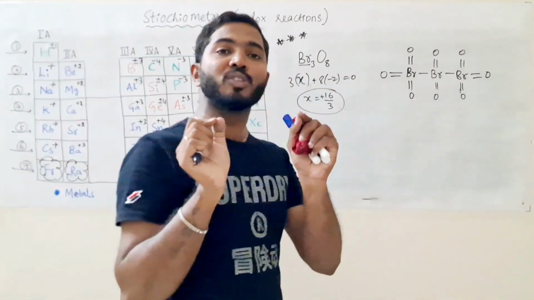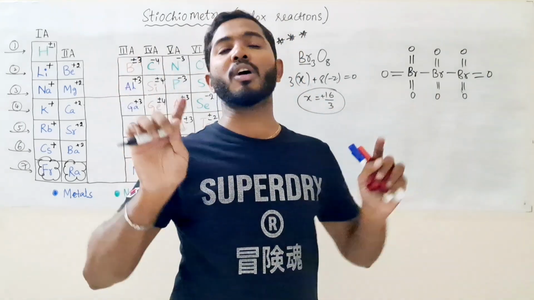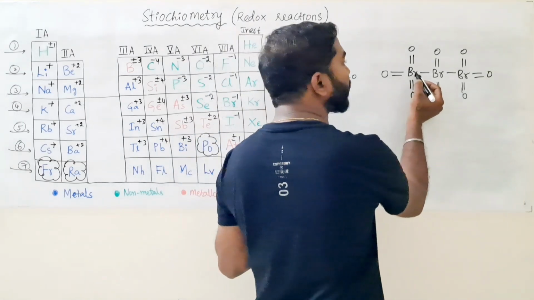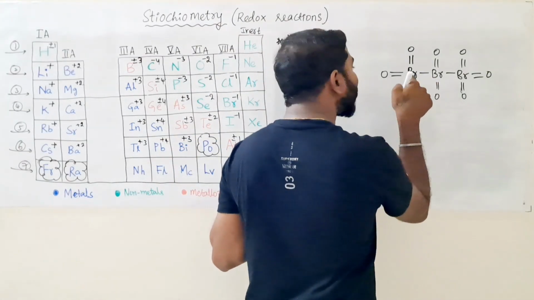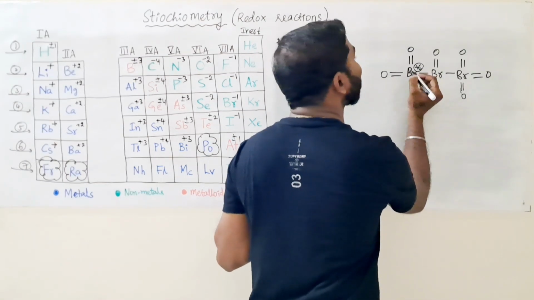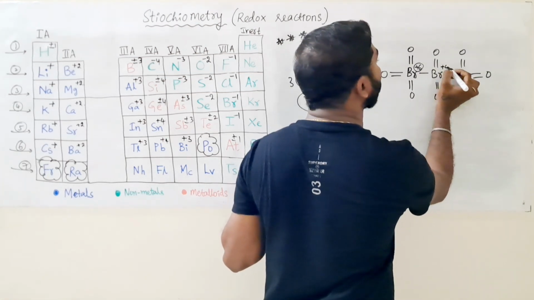Between 2 similar elements, any bond is not going to contribute anything to the oxidation number. So for this bromine, what is the possible oxidation number? Only these 6 bonds are going to contribute, so that is plus 6, and in this one, these 4 bonds are going to contribute, so plus 4.